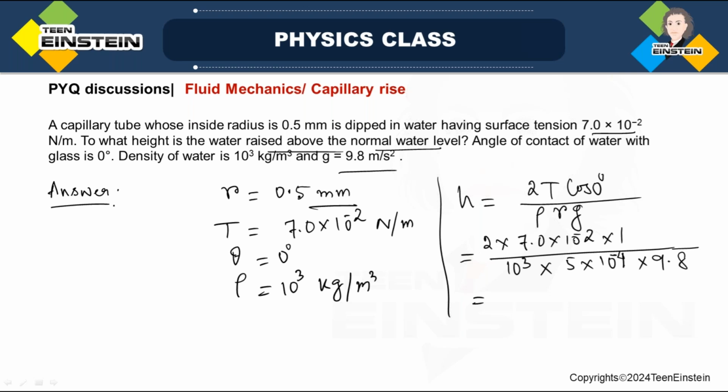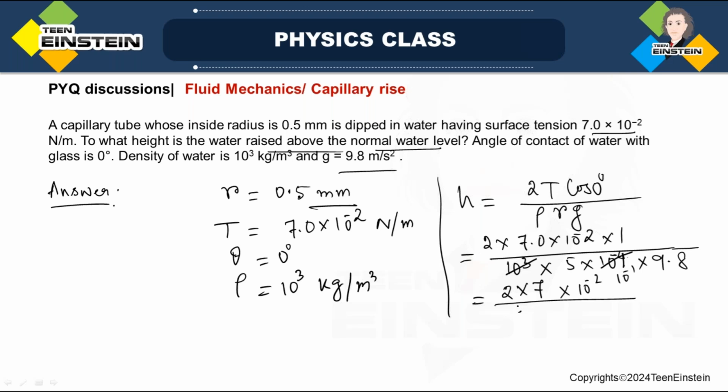Here 10 to the power 3 and 10 to the power minus 3 from here. Here there will be 10 to the power minus 1, and 9.8 you have with 10 to the power minus 1 if we write it so. Then look what we are getting: 2 into 7, 10 to the power minus 2.